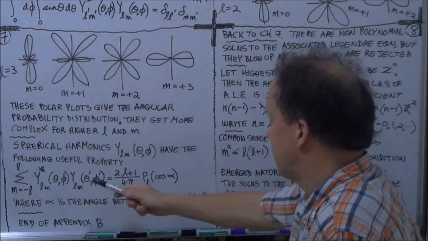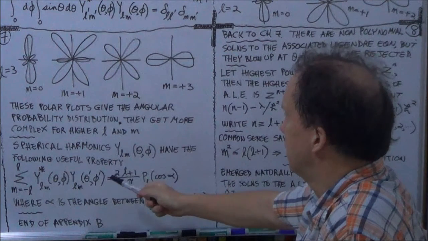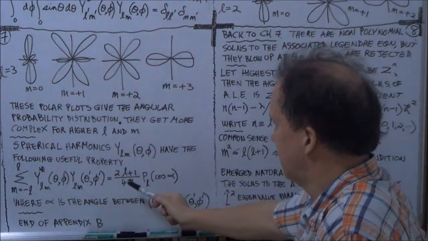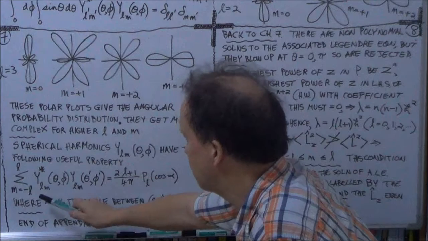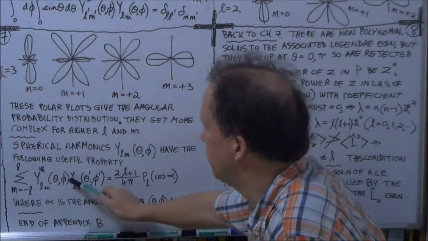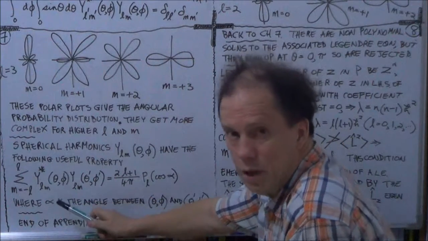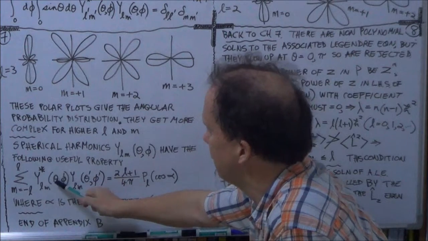Now a little bit more math. You can take two spherical harmonics with the same L, same M, but different angles, theta and phi.